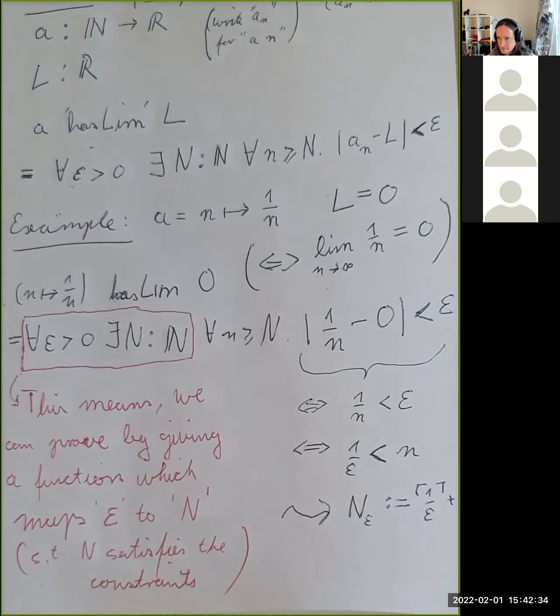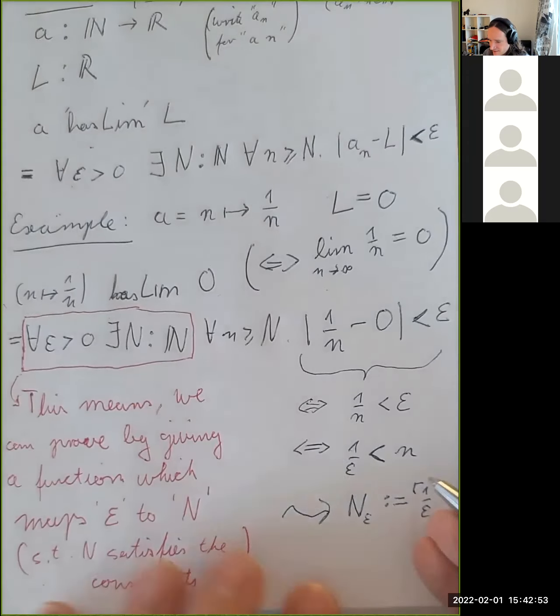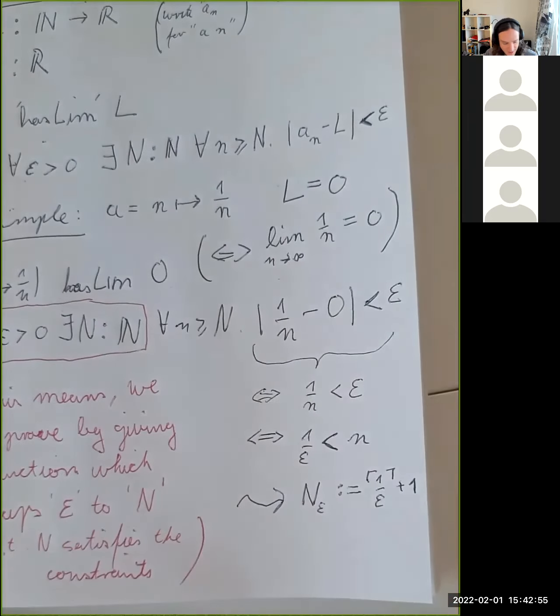What I was wondering was, how does it help that we switched the places between epsilon and n when we had 1 over n is less than epsilon? Okay, maybe I should comment on this one in another color.